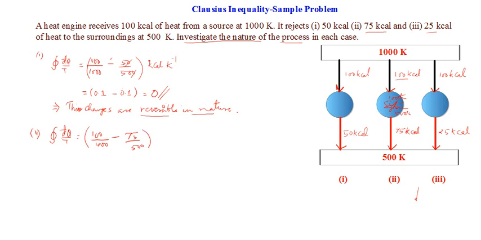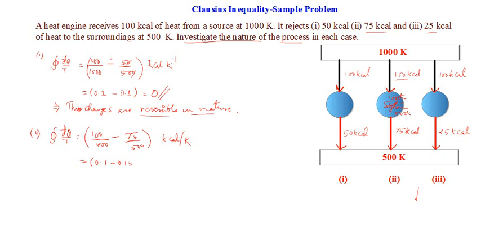What is this value going to be? Of course, in the same units, kilocalorie per Kelvin, or joule per Kelvin. So this is once again going to be 0.1 minus, what is 75 by 500? So 50 by 500 was 0.1, so 75 by 500 should be 0.15.